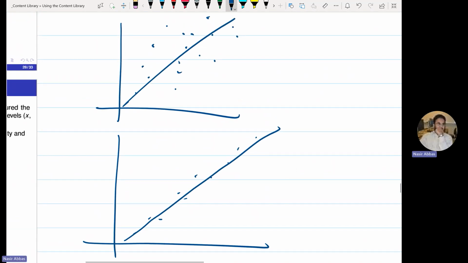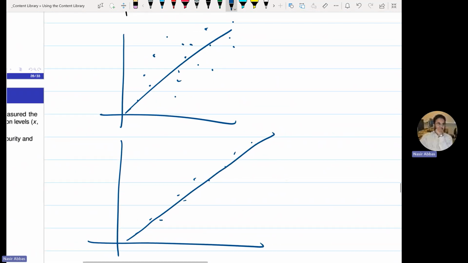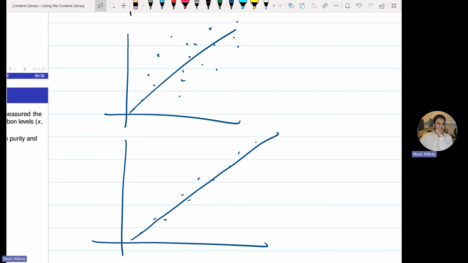But what is the difference between the two that you see on screen? The second one is more significant than the first one. There the p-value will be small, but not as small as the one for the lower one. For the lower one, the p-value will be even smaller, or F will be even closer to infinity.